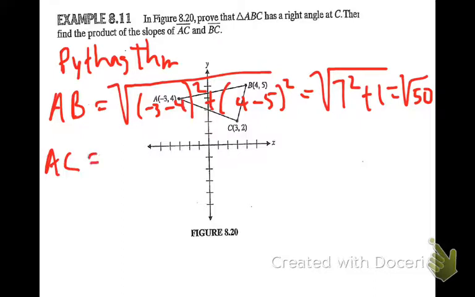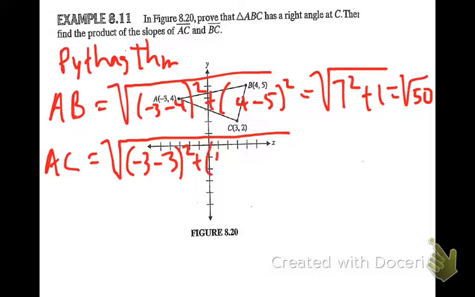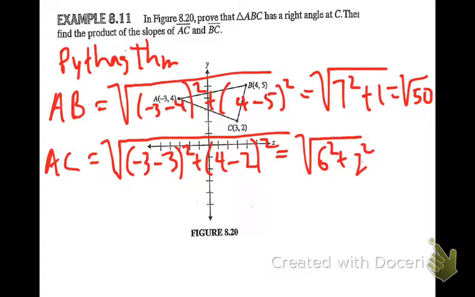Then we do AC. AC equals the square root of negative 3 minus 3 squared plus 4 minus 2 squared, which is equal to the square root of 6 squared plus 2 squared, which is equal to radical 40.